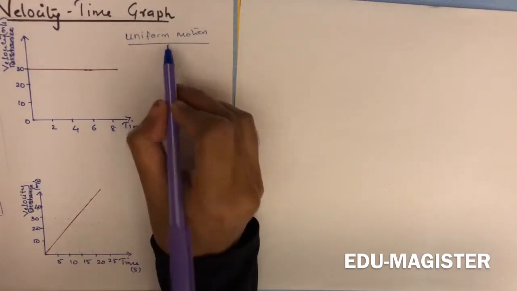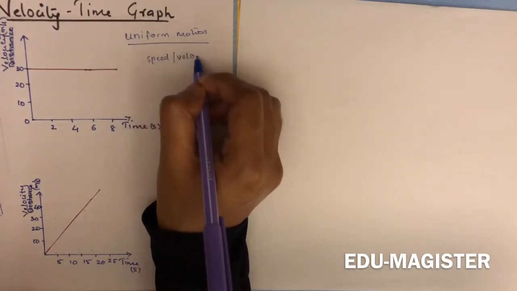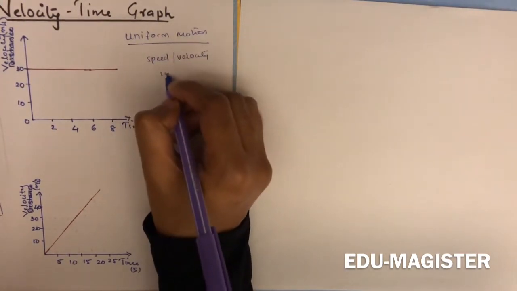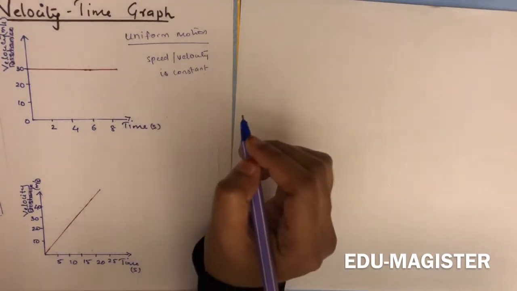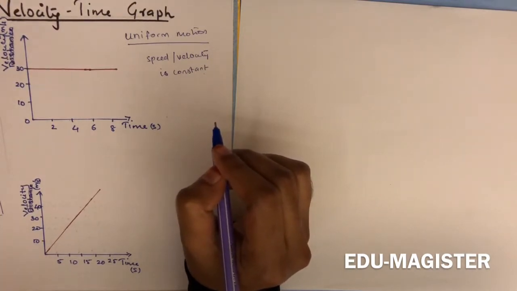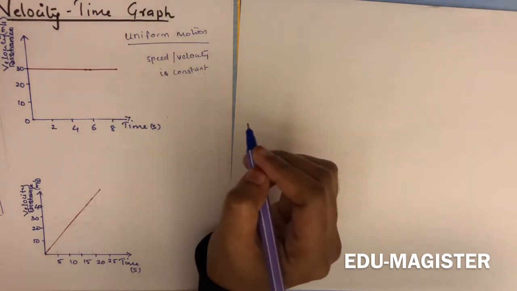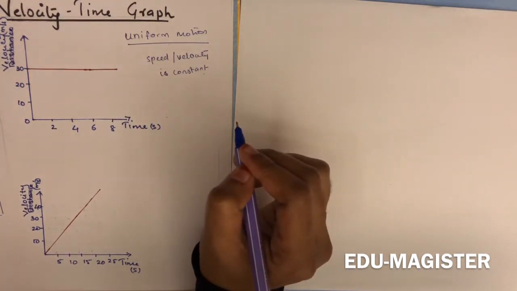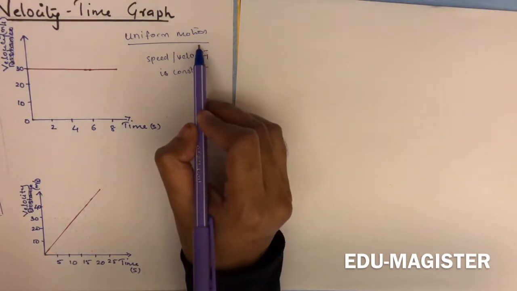Because in uniform motion, the speed or velocity is constant. It is not changing. The speed is the same throughout. That is why the object is covering equal distance in equal intervals of time, right? Since the speed is constant, we say that the motion is uniform.